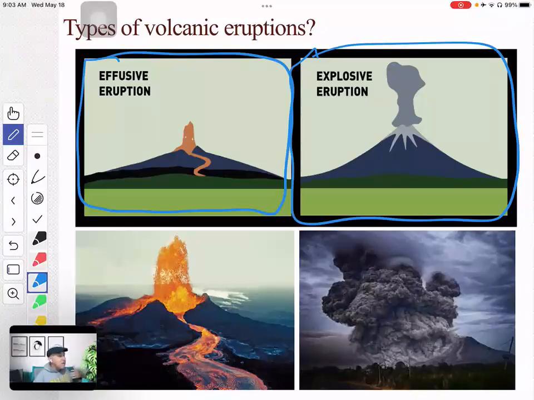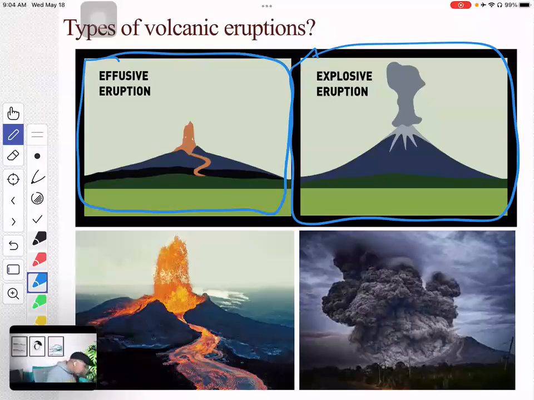You could escape that lava just by a brisk walk. But it can cause some property damage and destruction as the lava moves away from the volcano. It can destroy forests, villages, buildings, roads, and other infrastructure.